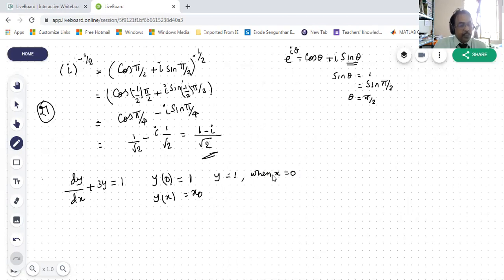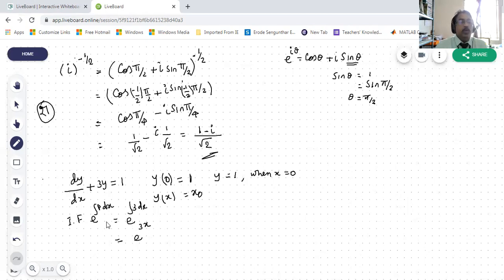See the question, this is given in the form of dy by dx plus Py is equal to Q, for which the integrating factor is e raised to integral P dx, which is equal to e raised to integral 3 dx, which is equal to e raised to 3x.